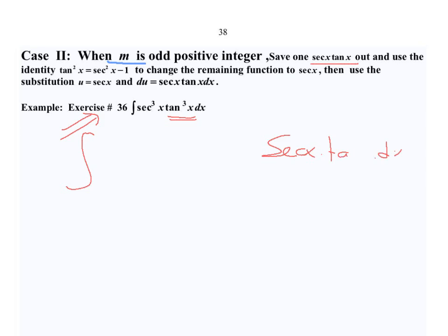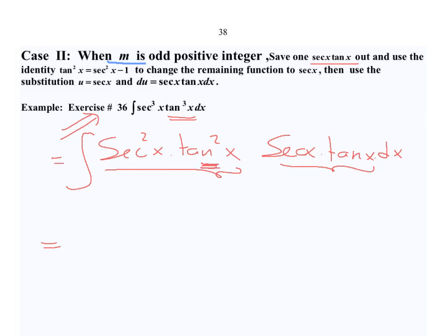Let us change this. The remainder will be secant square tan square. Now this is the derivative of secant, which means everything has to be changed into secant. So tan square will be changed into secant, which can be done because the remaining power is even.